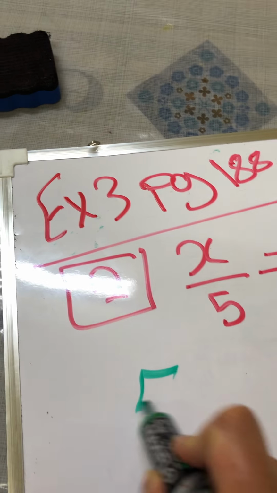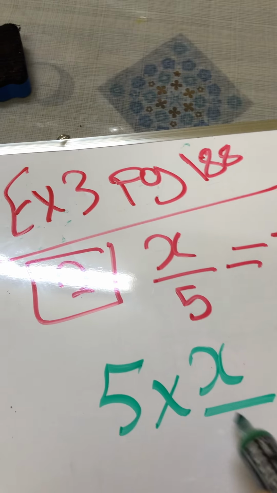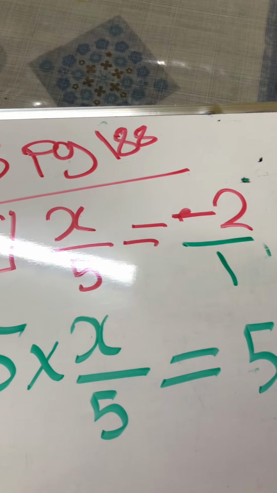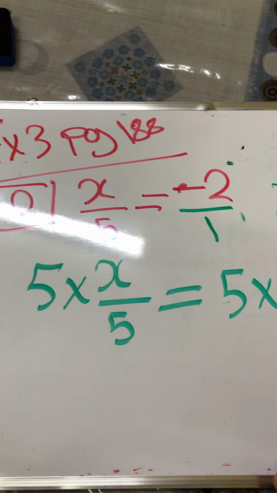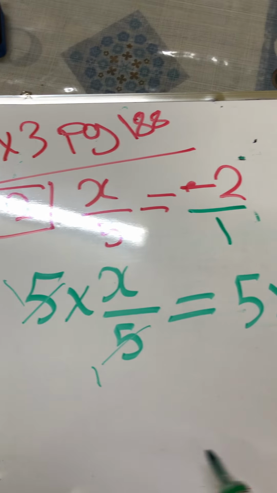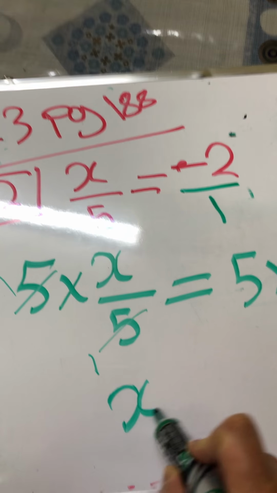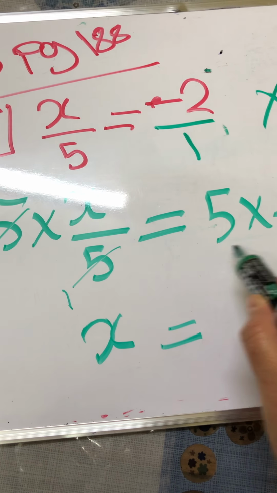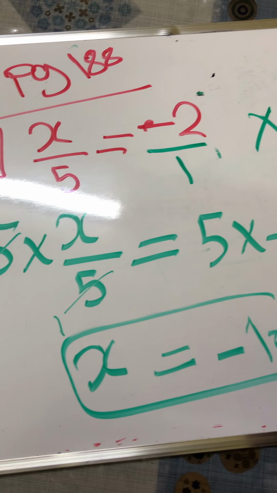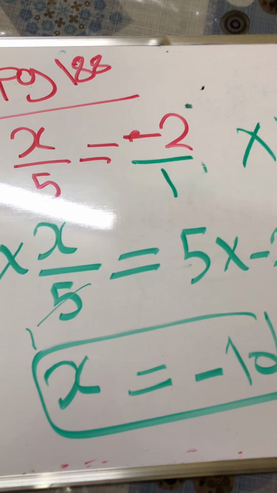So 5 multiply x over 5 equal 5 multiply negative 2. Divided by 5 equal 1, divided by 5 equal 1. So here I have x on the left side. 5 multiply negative 2 equal negative 10. So x equal negative 10.